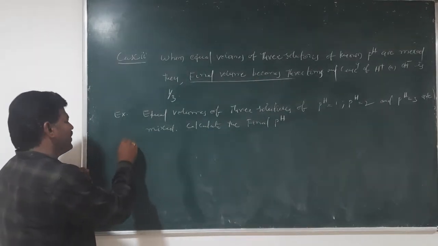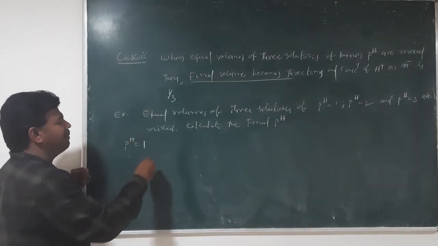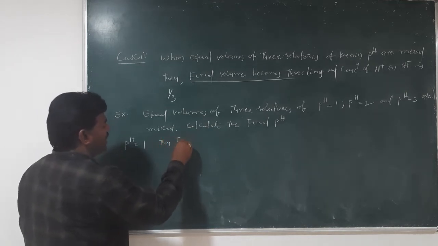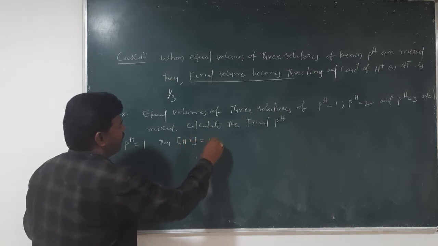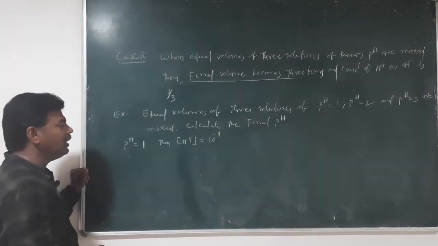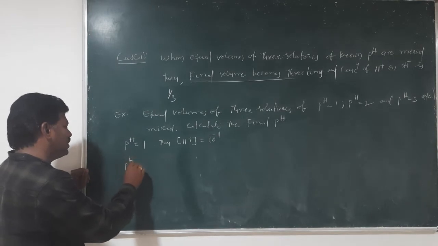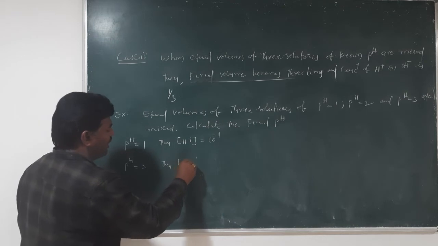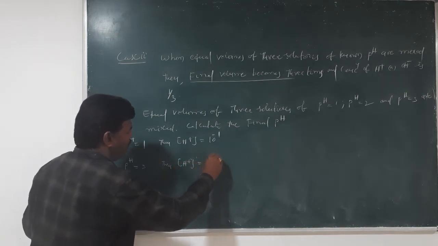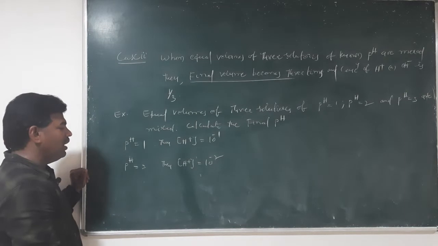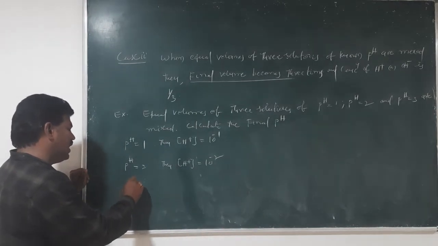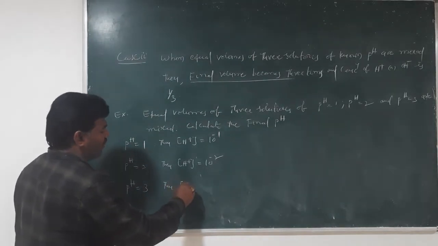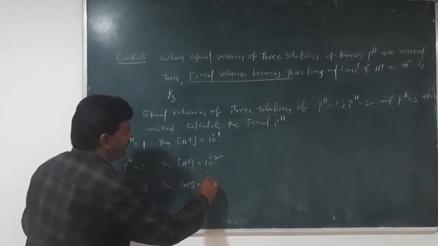The first solution has pH 1, therefore the concentration of H plus ion is 10 power minus 1. The second solution has pH 2, then the concentration of H plus ions is 10 power minus 2. And for the third solution pH is 3, then the concentration of H plus is 10 power minus 3.